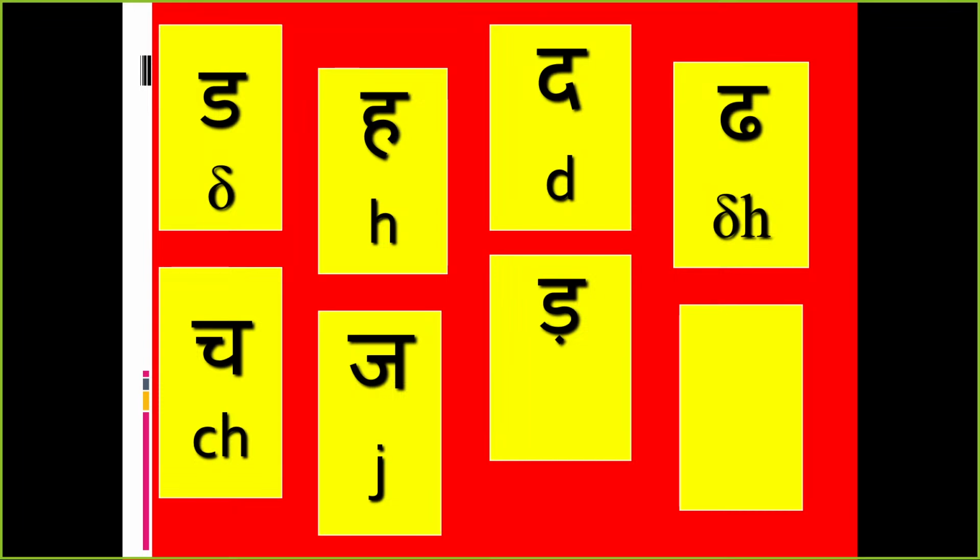R as in ladka or ladki. Say ladka. Ladka, ladki. Very good. Z as in zebra. Very good. R. The as in padhna.